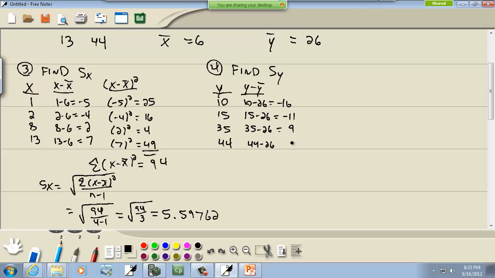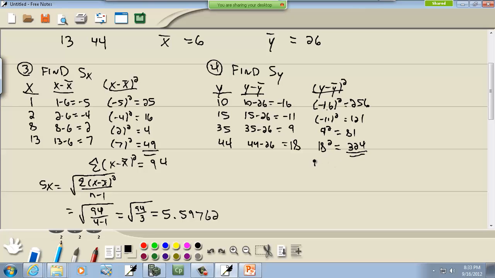And 44 minus 26, which gives us 18. Then we're going to have y minus y bar squared. So negative 16 squared is 256, negative 11 squared is 121, 9 squared is 81, and 18 squared is 324.